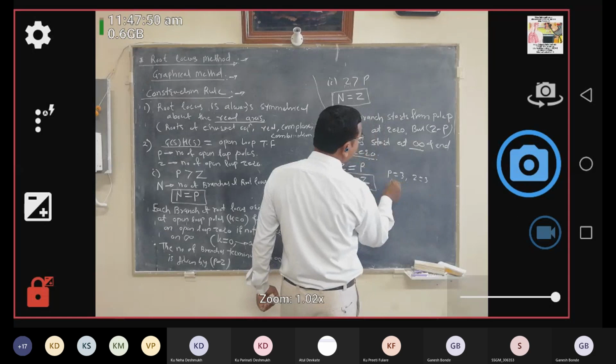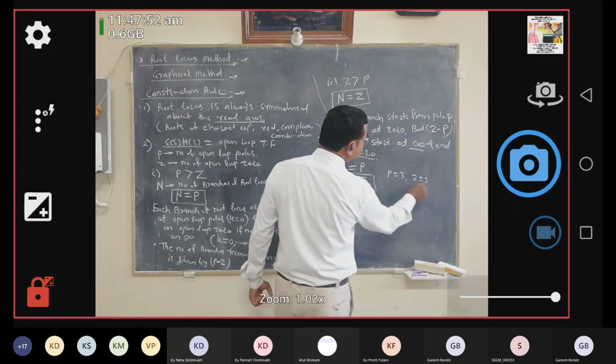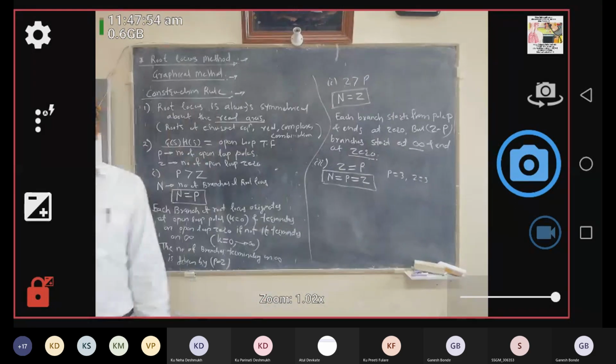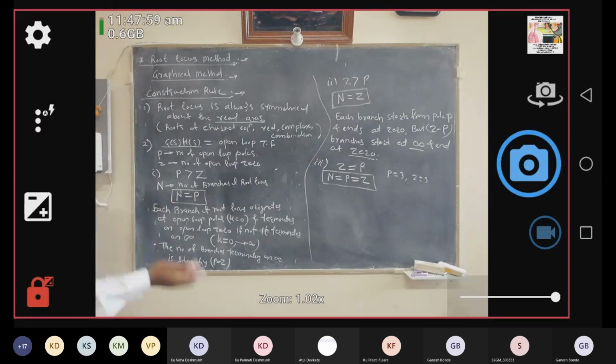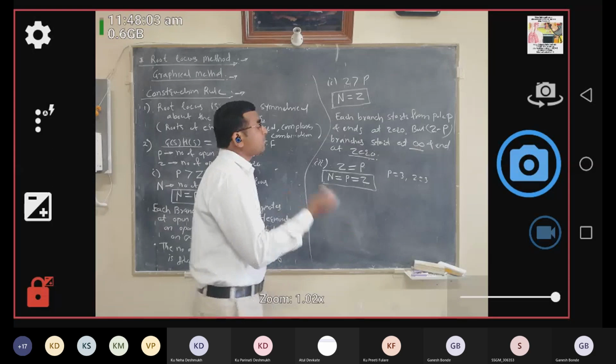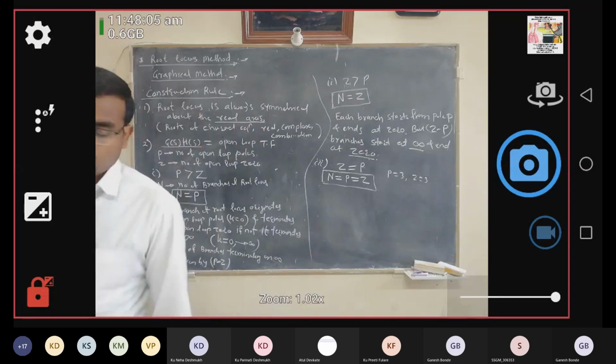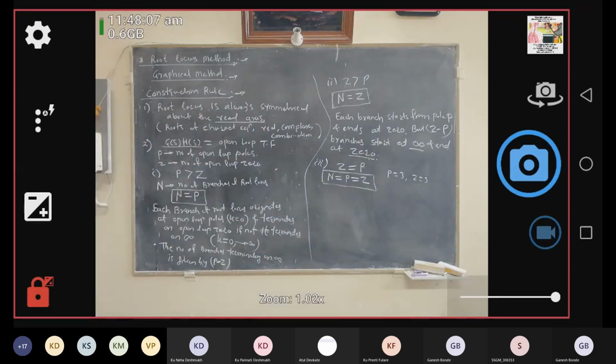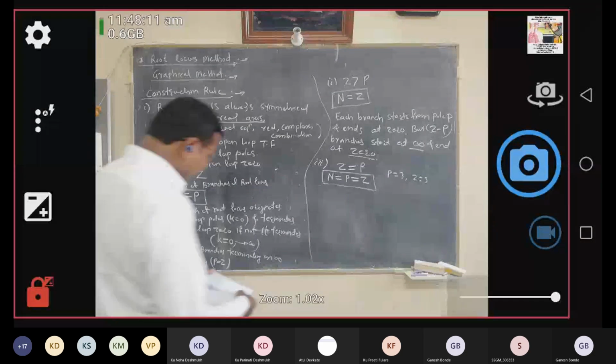So no branch originates at poles and terminates on infinity, and no branch originates at infinity and terminates on zeros. So here is the balanced case. Write down the explanation for this.